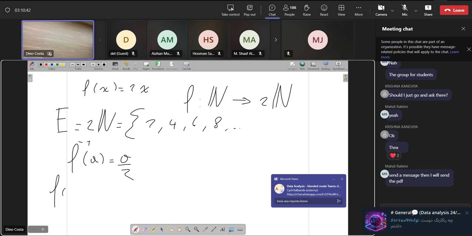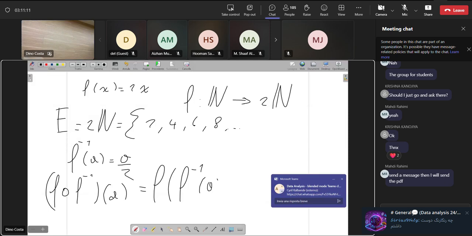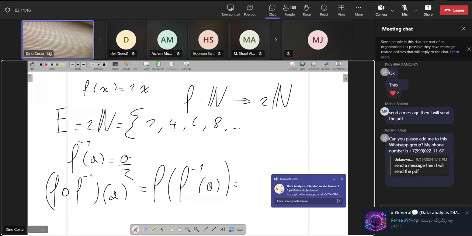Now, if we compose f with f minus 1, f minus 1 is defined on 2N. So here we have an even number a. So this is f of f minus 1 of a, that is, this even number can be divided by 2.